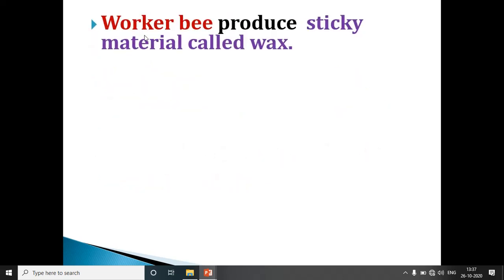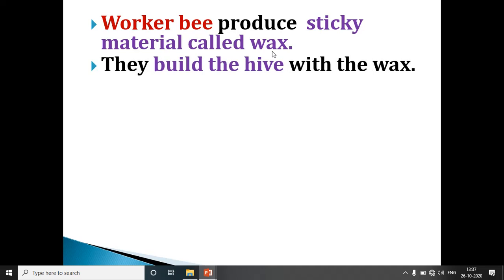Now let us see more about the worker bee. The worker bee produces a sticky material called wax. With the help of that wax, the worker bee will build the hive. How will the worker bee build the hive?